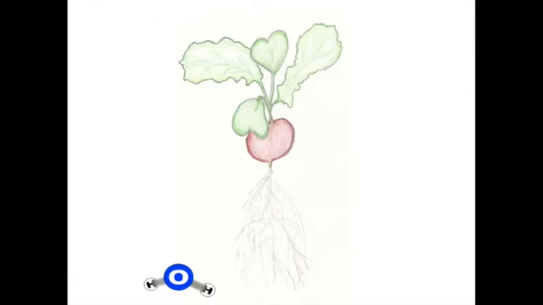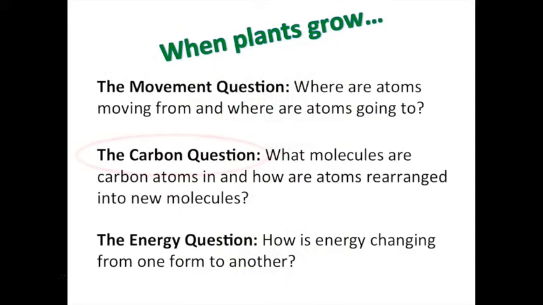Okay, back to the plants. Now we know how to measure dry mass in mixtures containing water, which will help us measure growth in our plants. But if we aren't measuring water molecules in plants, what are we measuring? Let's look back at the three questions. In Carbon Time, we're interested in tracing carbon atoms to explain how plants transform matter and energy as they grow.